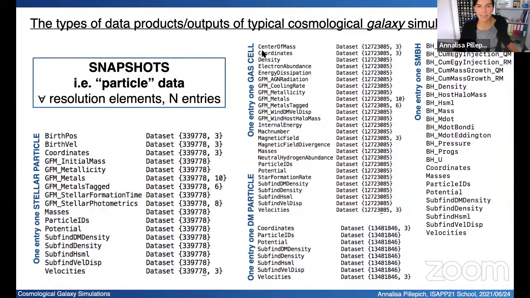And so, for example, we decided that we need to save for future usage the coordinates of the cells, the density of the cells, the mass in the cells, the potential probed by the cells, and in our case, these are magneto-hydrodynamic simulations, so the magnetic field strength in the cells is a 3D vector, the internal energies and other things. And if you also solve for star formation and supermassive black hole physics, you have many, many other variables that you need to solve and possible data sets that you may want to save for future usage.